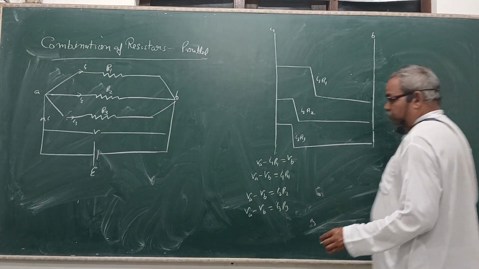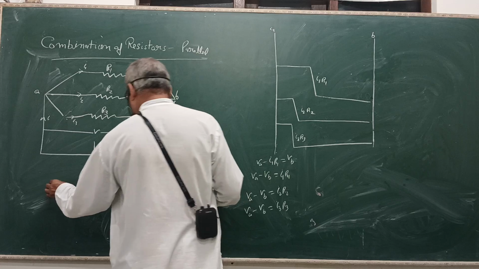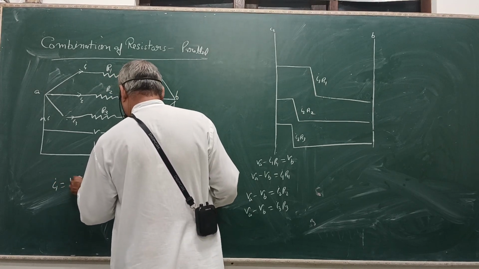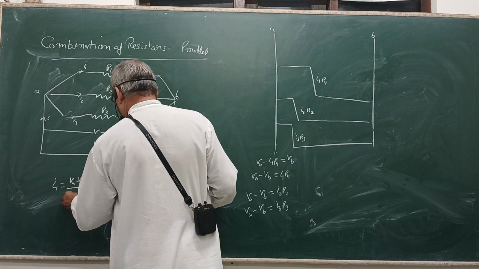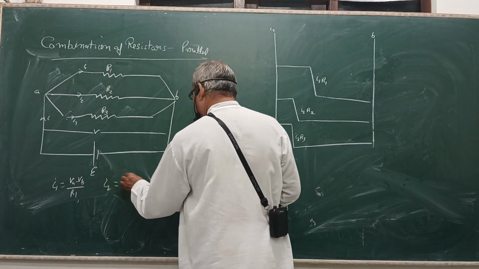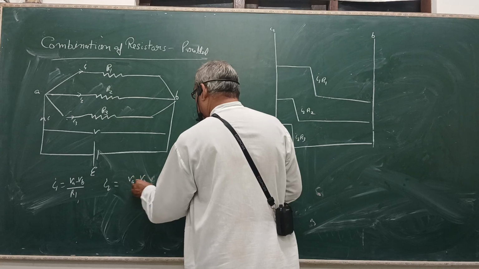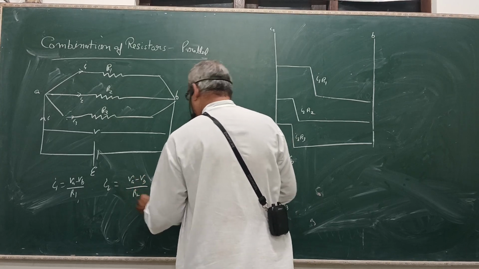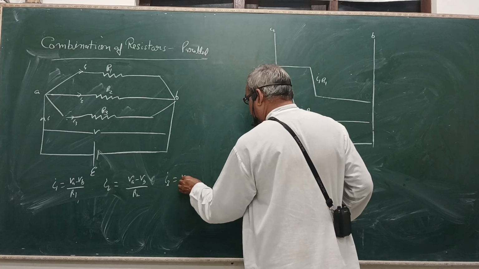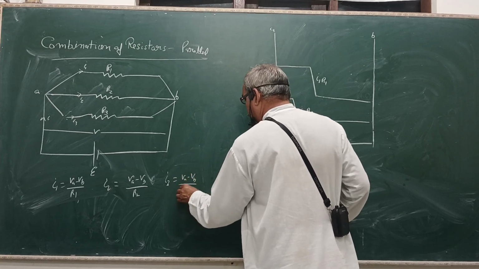So I1 is equal to VA minus VB upon R1, I2 is equal to VA minus VB upon R2, and I3 is equal to VA minus VB upon R3.